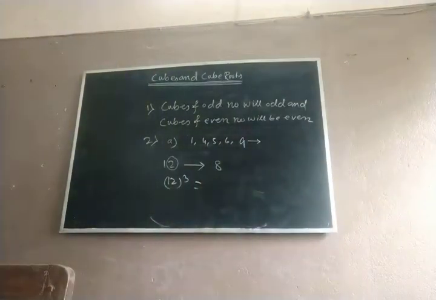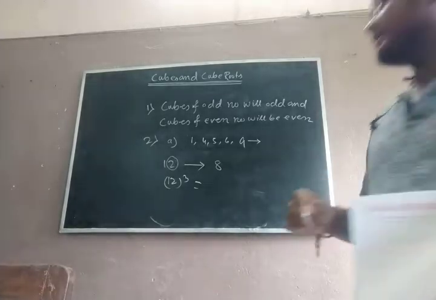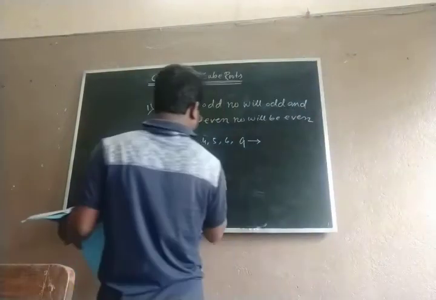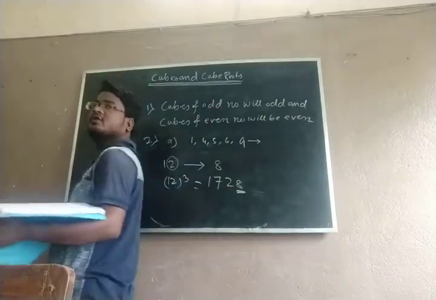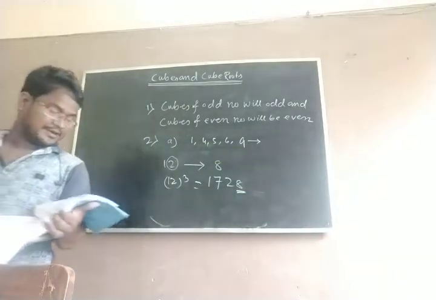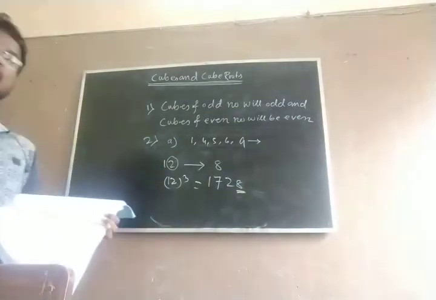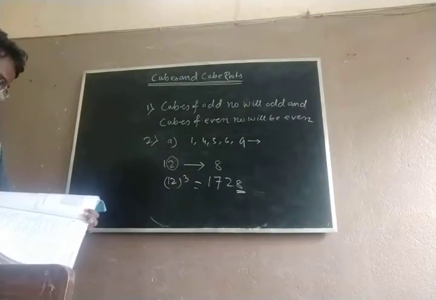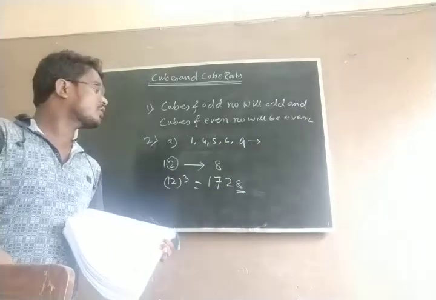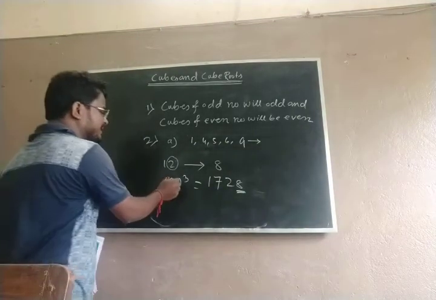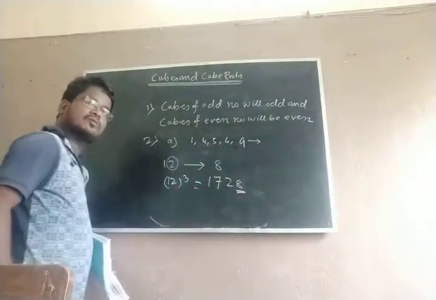That is 144 into 12, which is 1728. See in the result, what is the unit digit? 8. If a number has 8 in the unit place, then its cube will end in 2. That's the opposite.